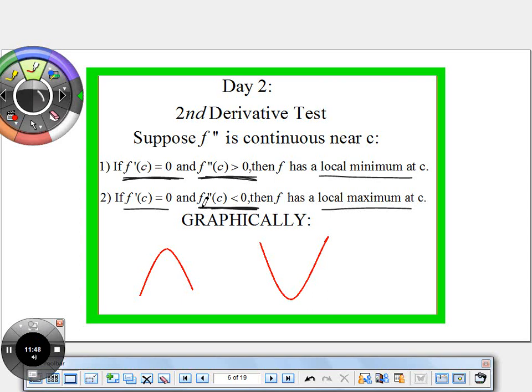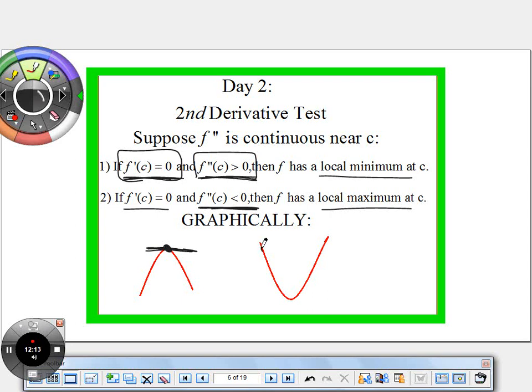So graphically, the way to explain this, it goes like this. If you knew at a certain spot that you definitely have a first derivative that equals 0, so let's say this spot right here, you knew that this is where the first derivative equals 0, and you plugged that particular value into the second derivative to see whether it was concave up or down, and you found out, wow, on that particular interval I got a positive answer.